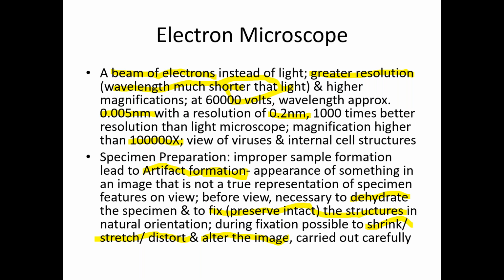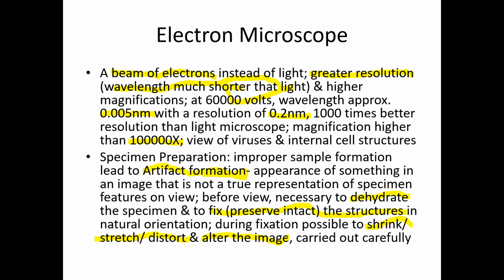So when we are going for specimen preparation, especially in electron microscope, we have to take utmost care. We have to dehydrate it, we have to fix it intact in order to make sure that the microbial structures are present in the natural orientation. We will not lose any microbial structures in the original specimen.